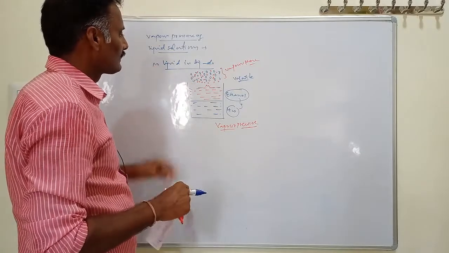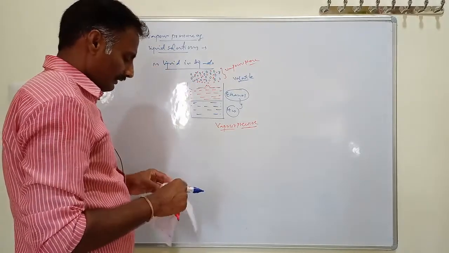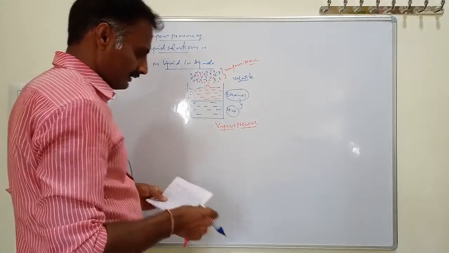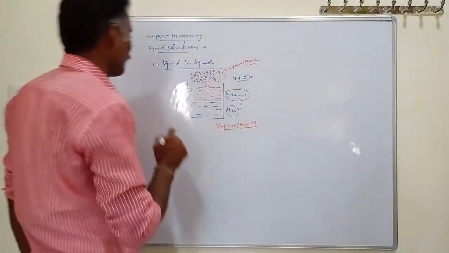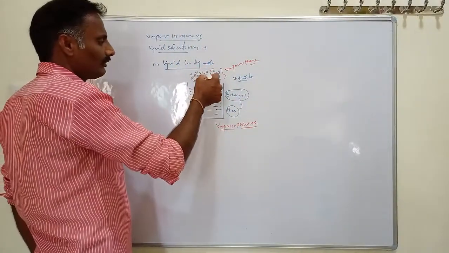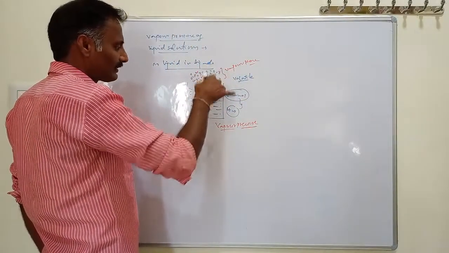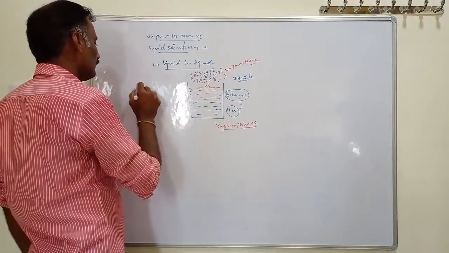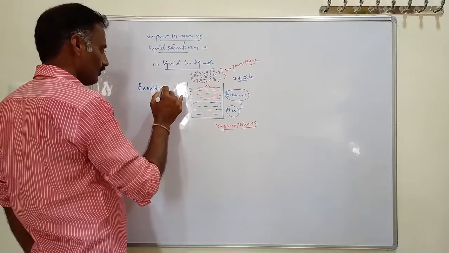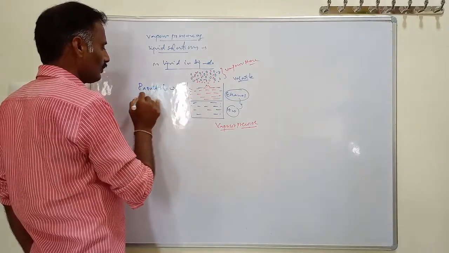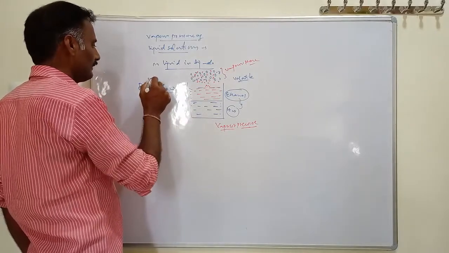That law is called Raoult's law. What is Raoult's law? To explain the behavior of components in a solution, the quantitative relation was given by the scientist Raoult. He proposed this law in 1886.